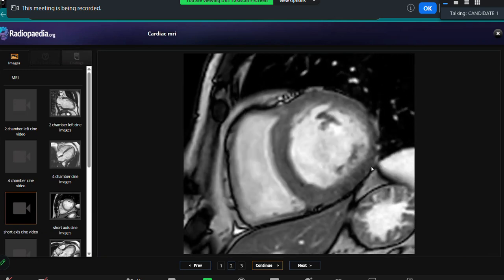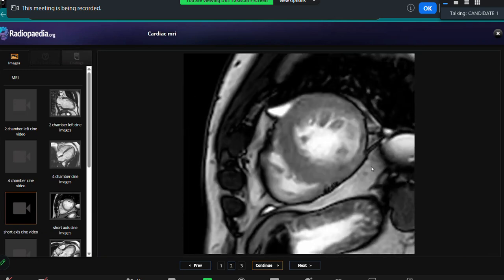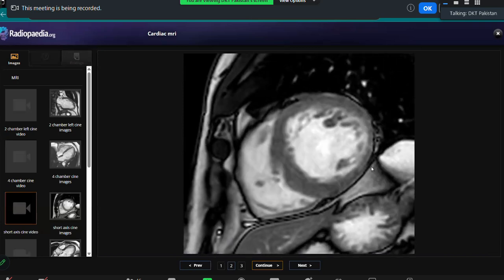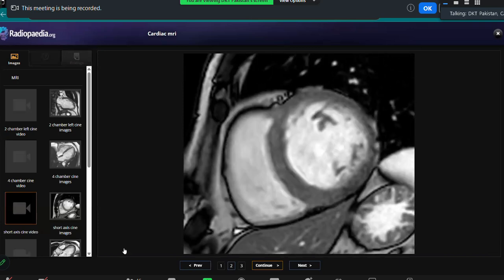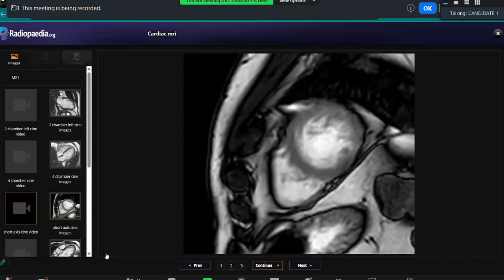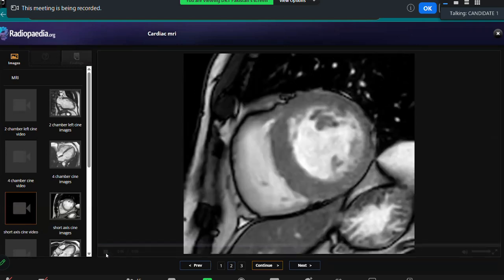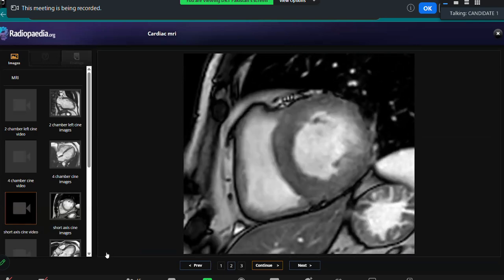I need to correlate with other sequences as well. The left lateral ventricle wall also appears thinned out as compared to the other normal walls, the anterior wall and the septal wall.